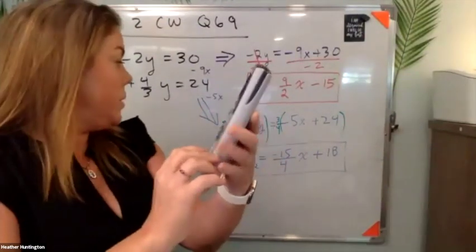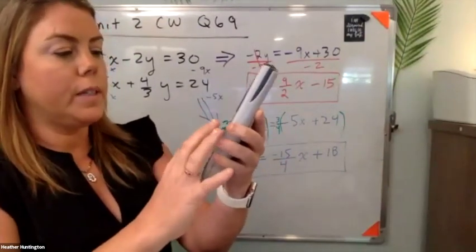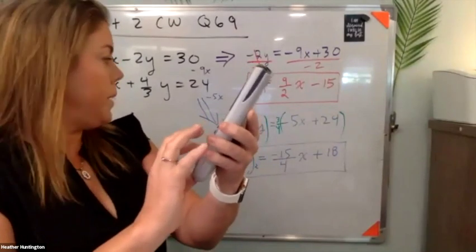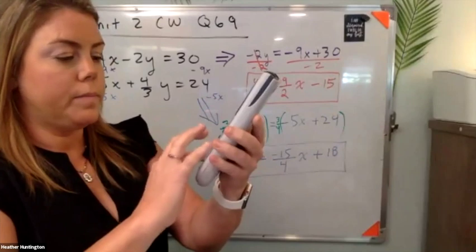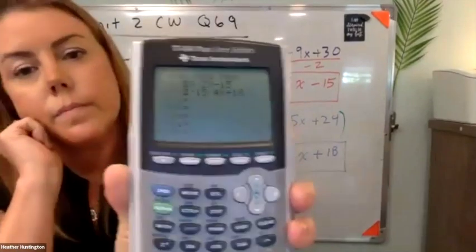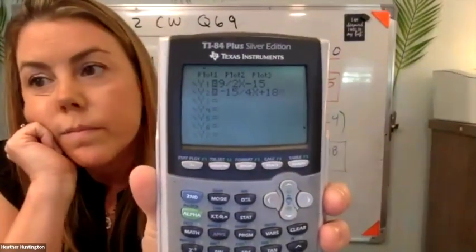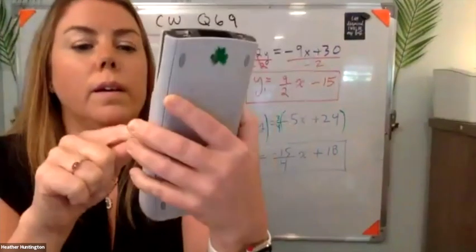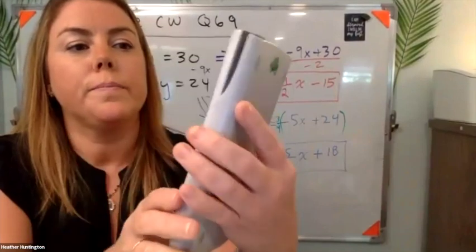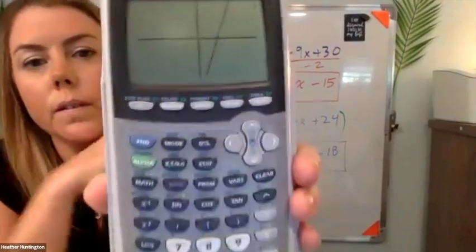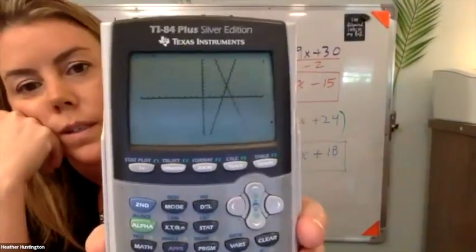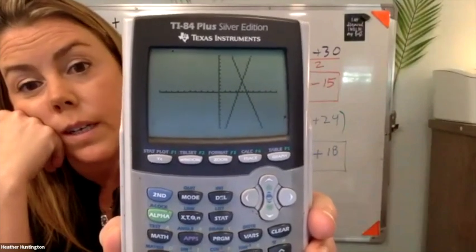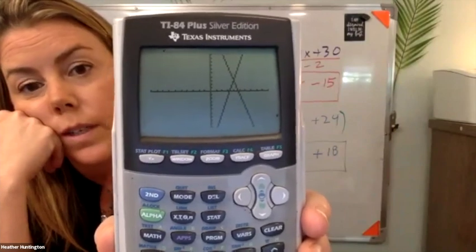Y sub 2, you're going to put in negative 15 divided by 4x plus 18. All right, next I'm going to choose graph. And this is what I see. Aha, so I do see the intersection point in my graph.